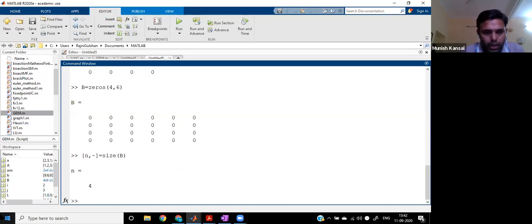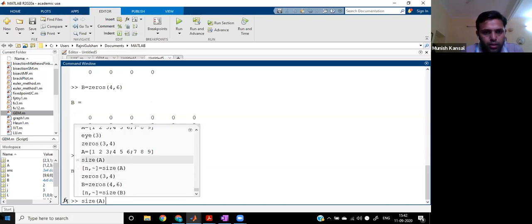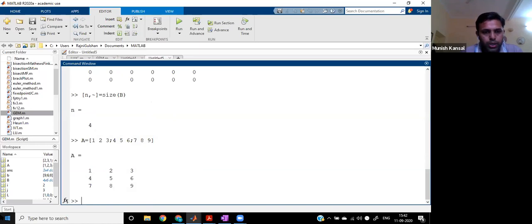Now, let me again go to the 3 cross 3 matrix. Now, suppose these 3 rows are given to you. Suppose I want to interchange first 2 rows of this matrix, so that the first row becomes 4 5 6, the second row becomes 1 2 3, and the third row remains as it is, 7 8 9.